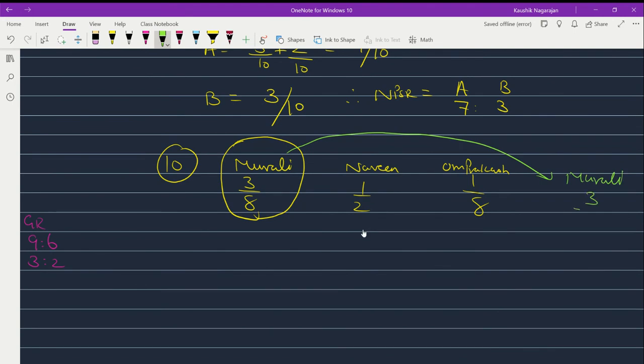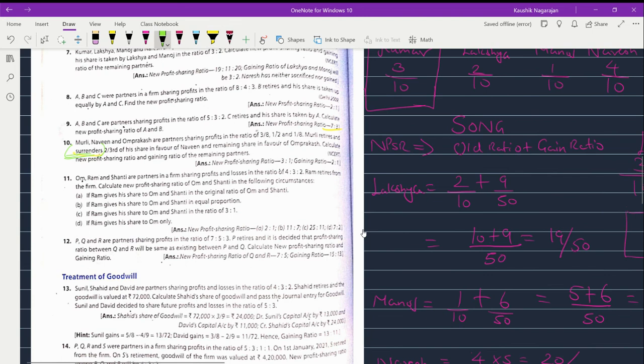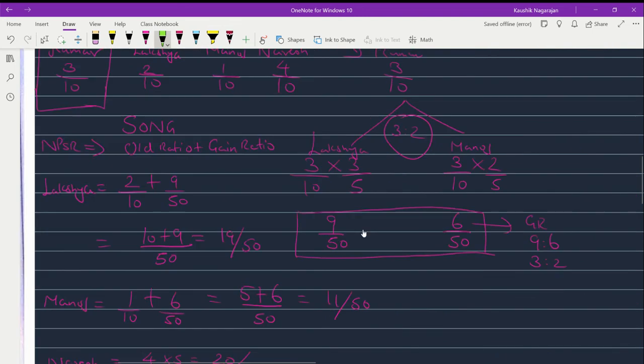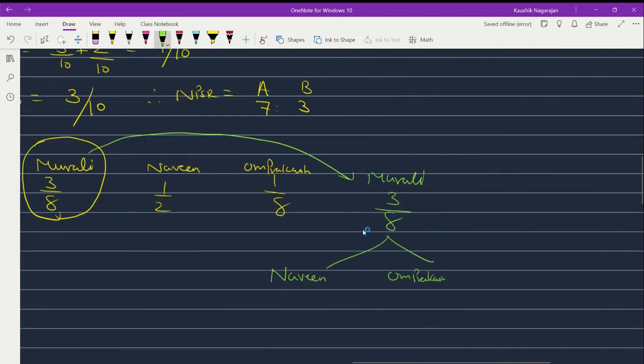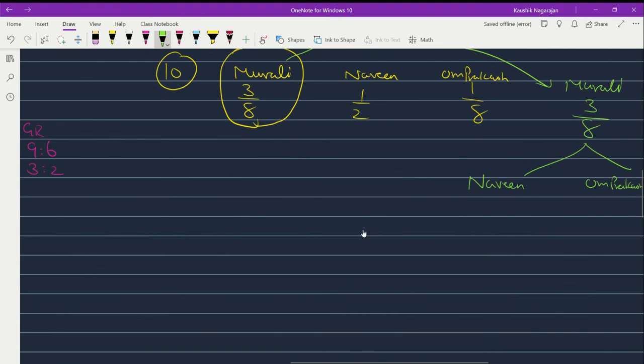His share is 3 by 8, and obviously his share 3 by 8 goes to the continuing partners Naveen and Om Prakash, but it was said in the question that he surrendered two-thirds of his share in favor of Naveen. So out of the 3 by 8, he has surrendered two-thirds in favor of Naveen. Now just remember one thing: if the total share is 3, out of 3, if 2 is given to someone, the balance will be how much?